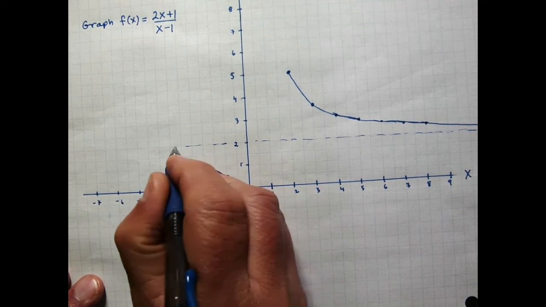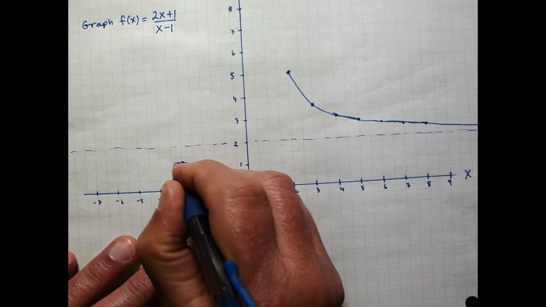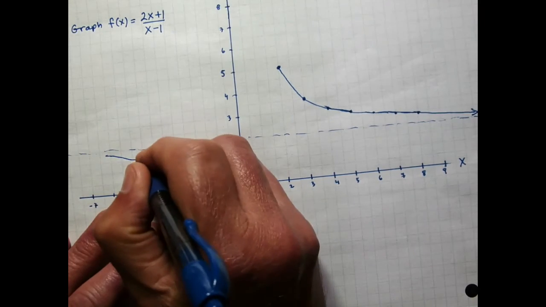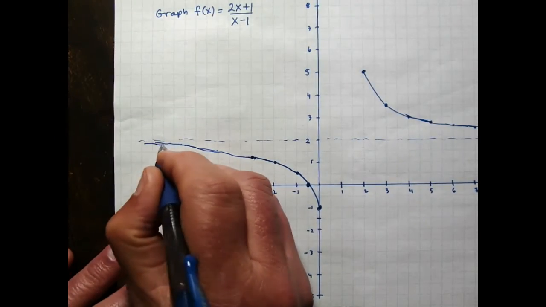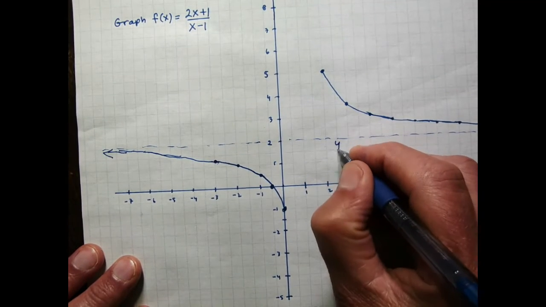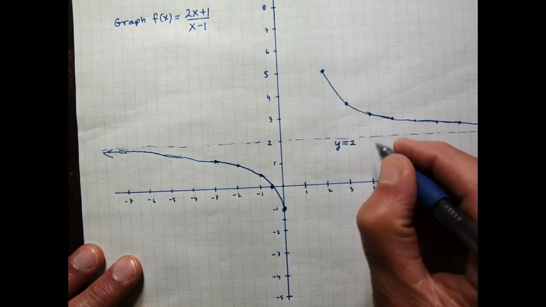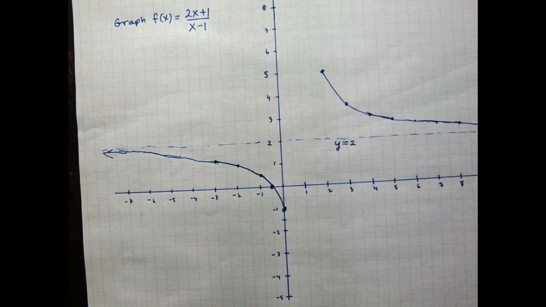We're, again, very close to 2 as we move to the left, but we're slightly below 2, right?